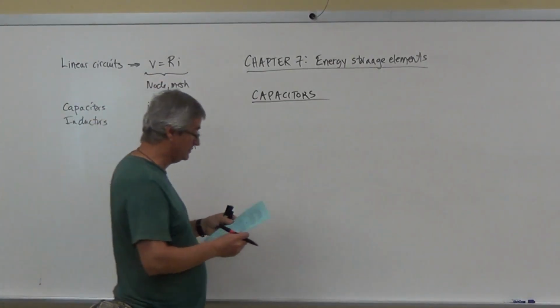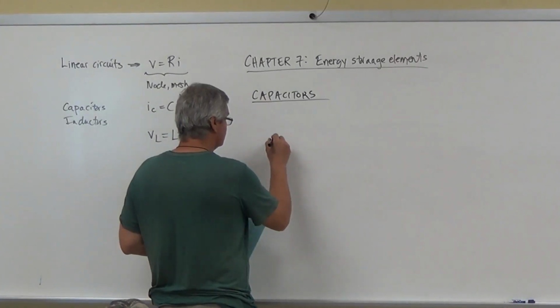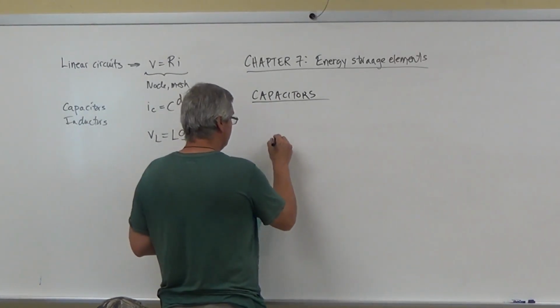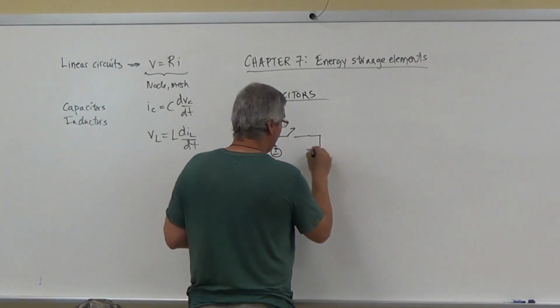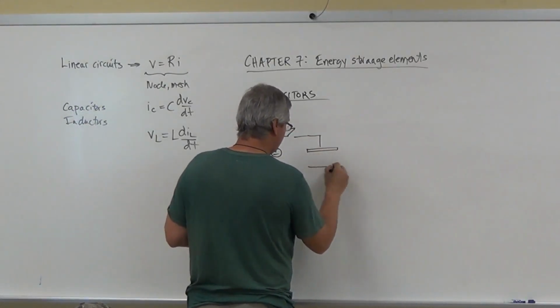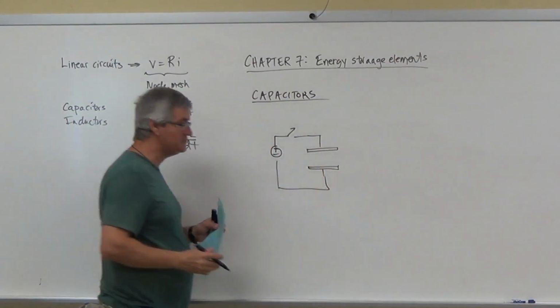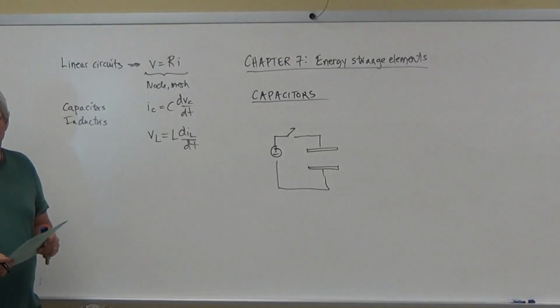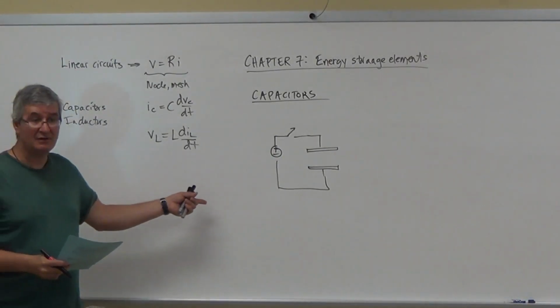So let's look at these things here. I'm just going to set up a very simple circuit with the switch. And for now, let's imagine that we have capacitors that are parallel plate. Why do we use parallel plate so much? Because they're easy to interpret. That's why. Do we have to use parallel plate capacitors?